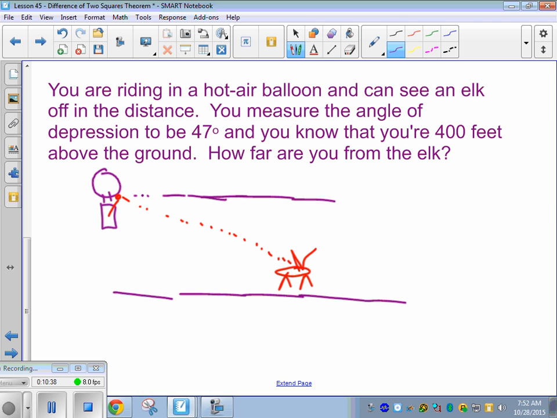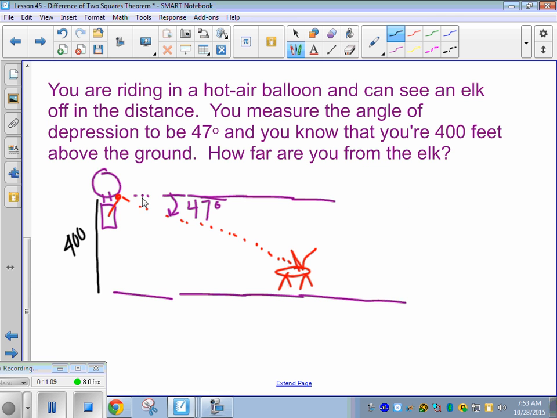So the angle of depression, meaning line of sight looking down at the elk, is 47 degrees. Ground, that's probably the next thing we want to label. So your little hot air balloon, you're 400 feet off the ground. How far are you from the elk?